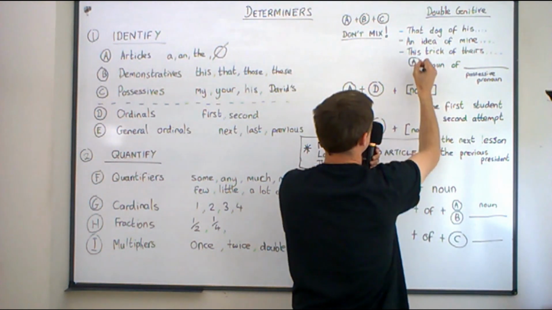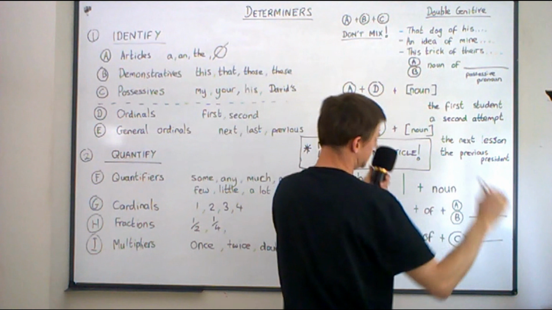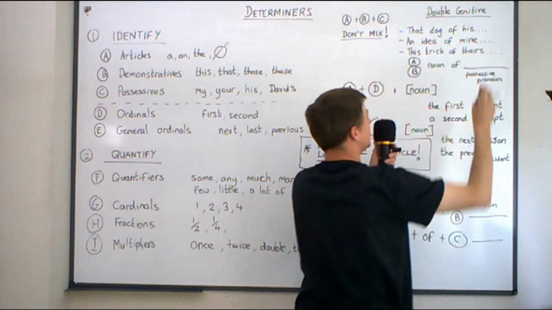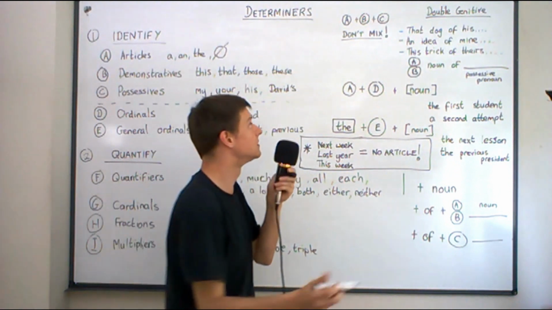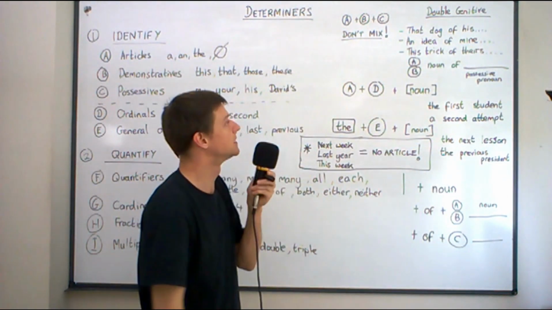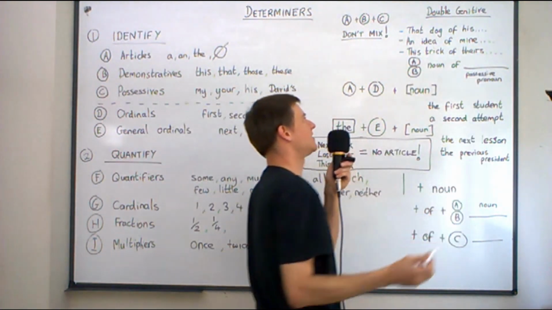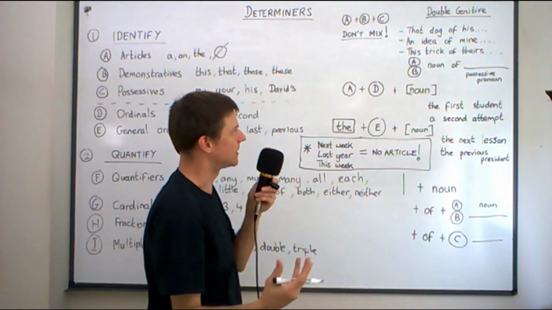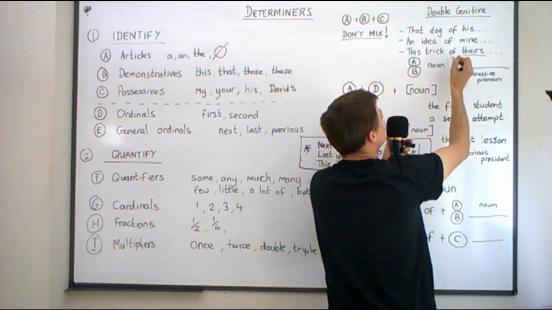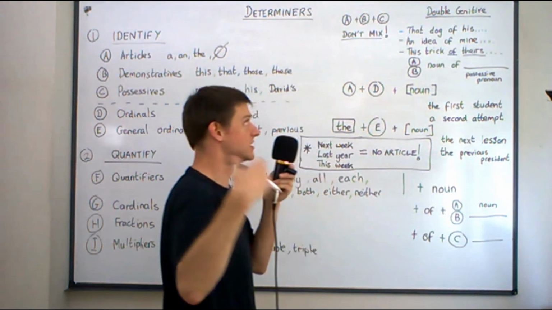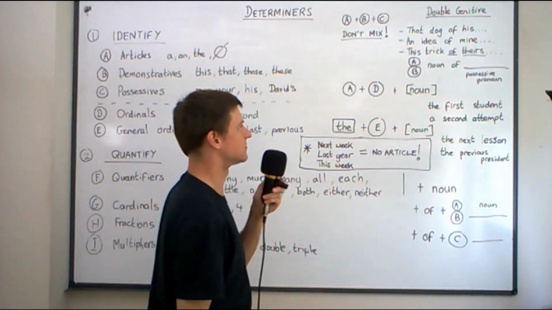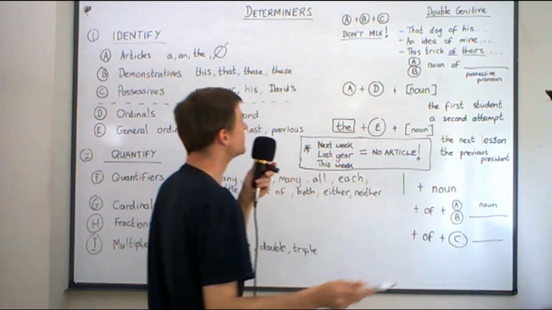So you can say that dog of his, or his dog. An idea of mine, or my idea. And this trick of theirs, or their trick. Okay, it's a double genitive because we're using a possessive pronoun and the word of, which shows possession, and genitive is all about possession. So this is called the double genitive.